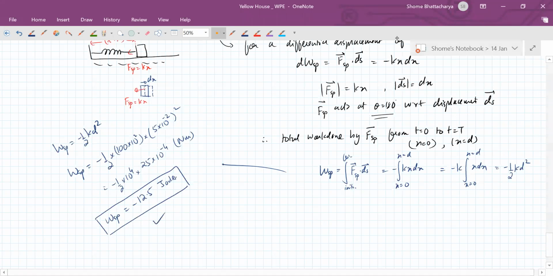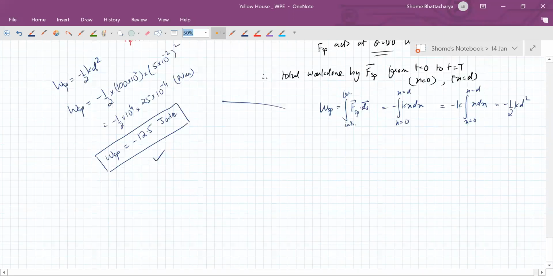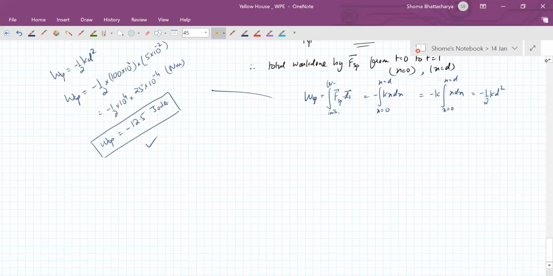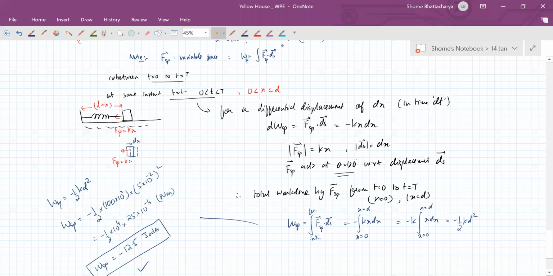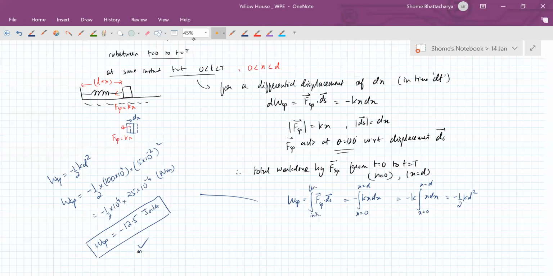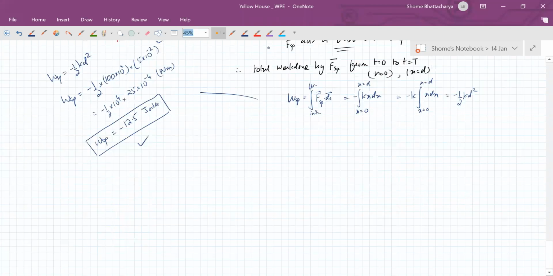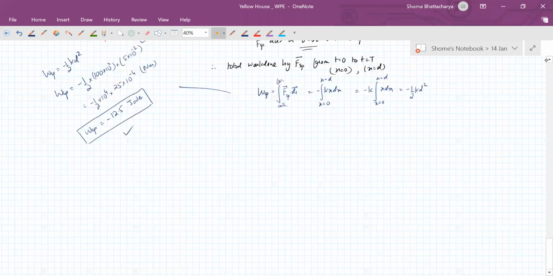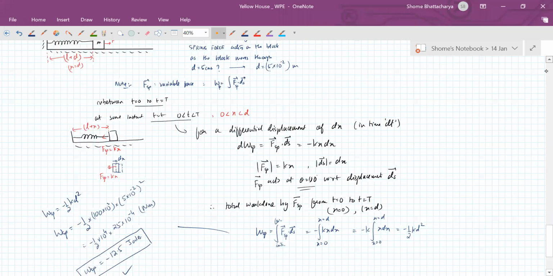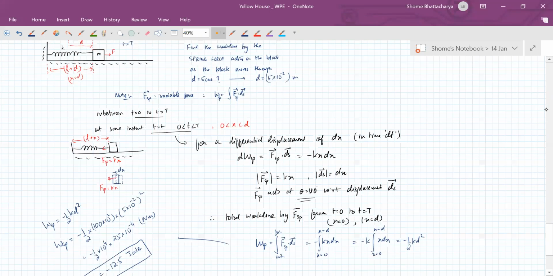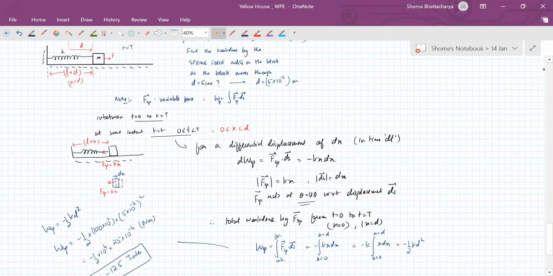So this becomes the calculation of work done. So make a note of this example properly, please, and make sure you have understood how we have carried out the integration, the path integration of force over displacement.